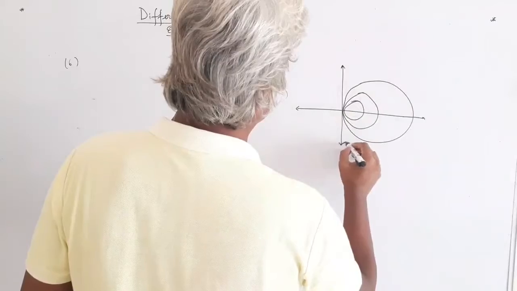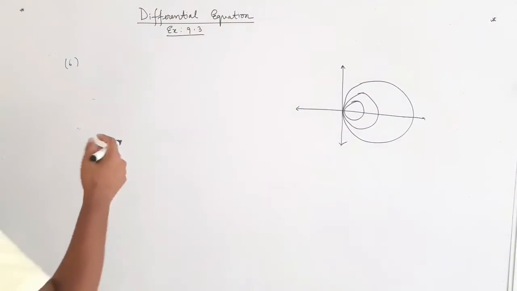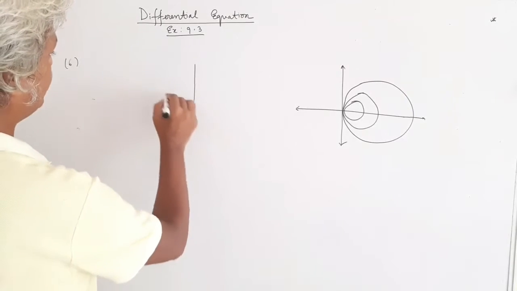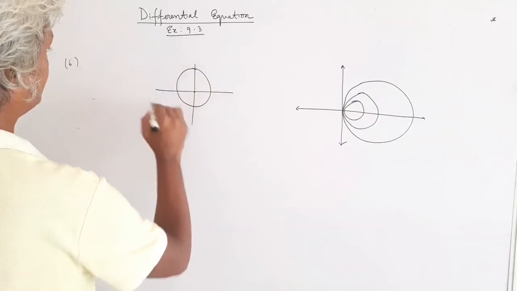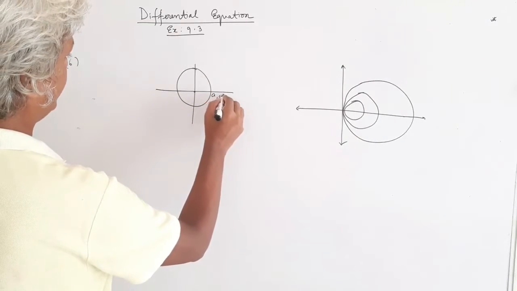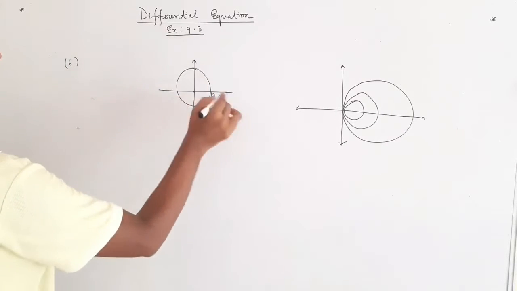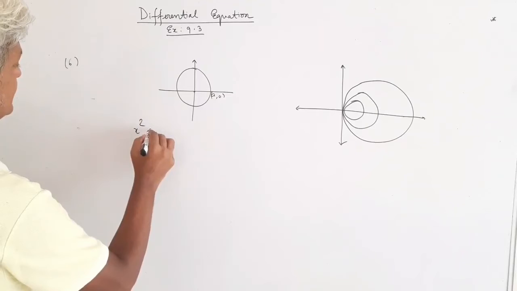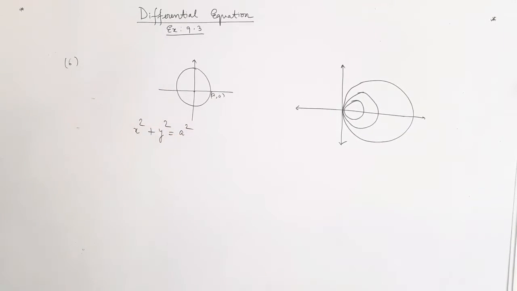So I take one simple example before solving this. Suppose I want to find the equation of a circle with the center (0, 0) and the radius a. So if you find the equation of the circle, you get x square plus y square is a square.